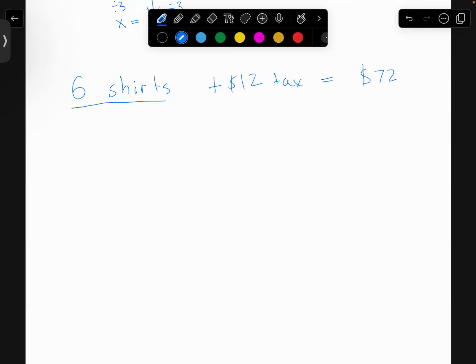If 6 shirts are all the same and we're trying to find the value of each shirt, we can say that shirts are the x. So 6x plus 12 equals 72. Now that they have this equation, do they need help solving it too?